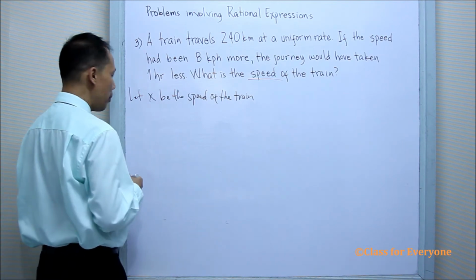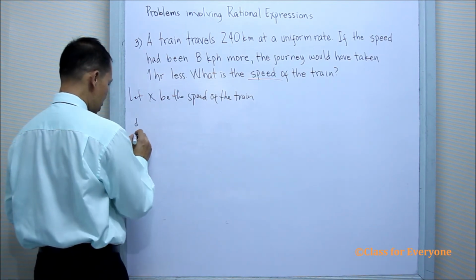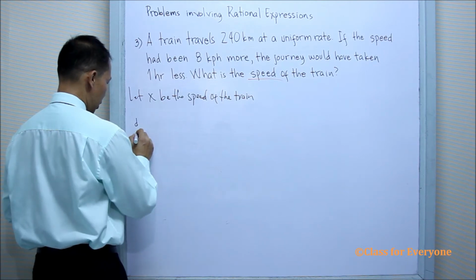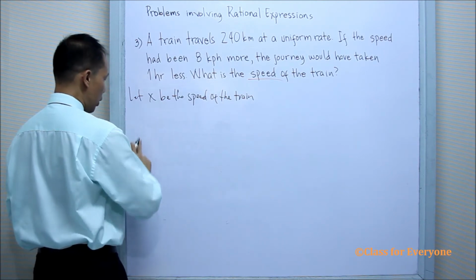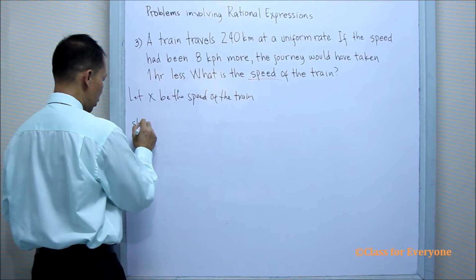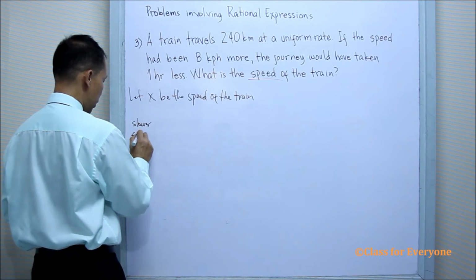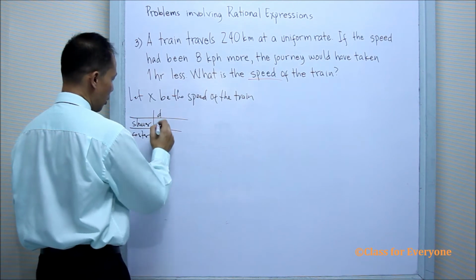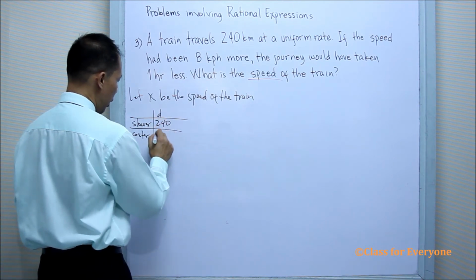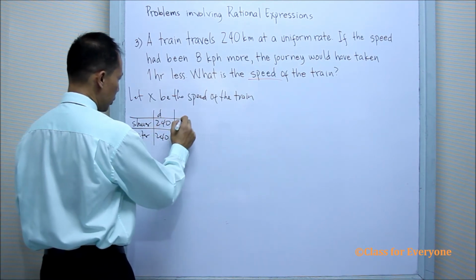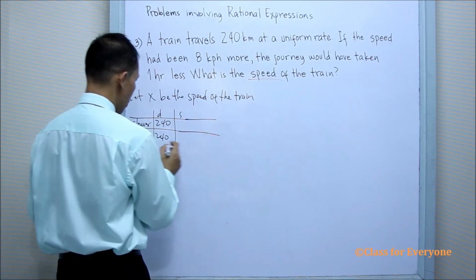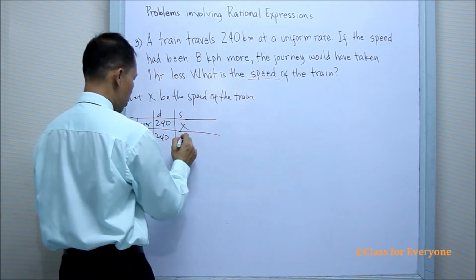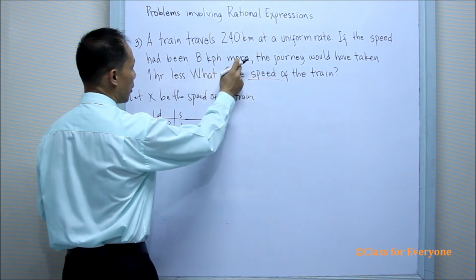Just make a table: the distance, the speed, the first one the slower, then the faster. The distance covered is 240. The speed, the slower is x, the faster is x plus 8.